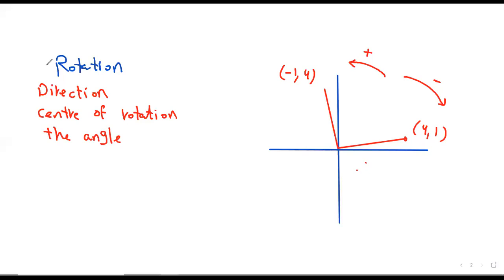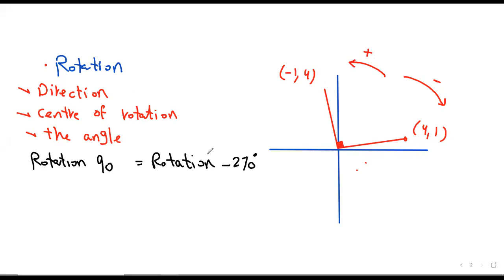In the rotation, we need to know the direction. We have clockwise and anti-clockwise. Clockwise is negative, anti-clockwise is positive, and we need to know the center of rotation and the angle of rotation. So rotation 90 is positive. Do you know rotation 90 is the same as rotation negative 270?